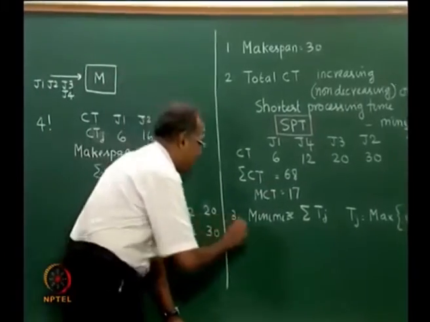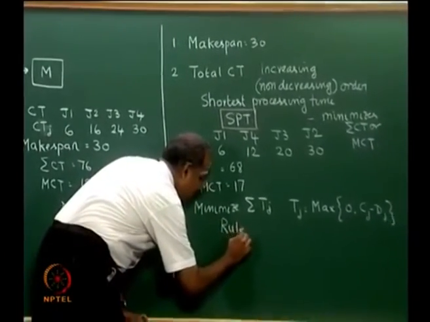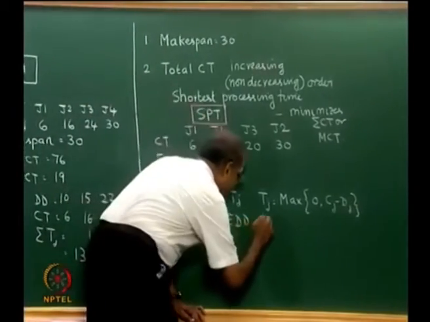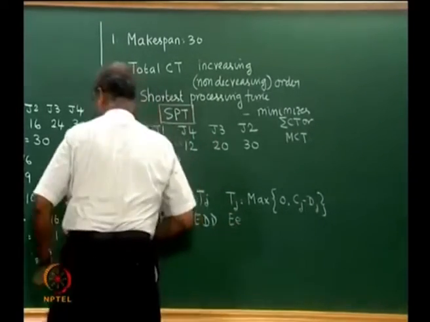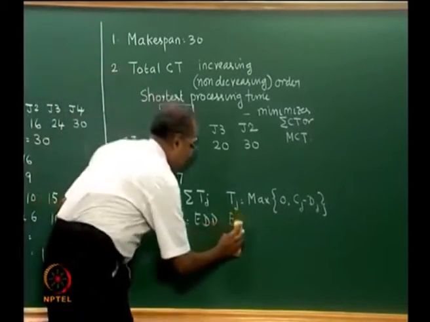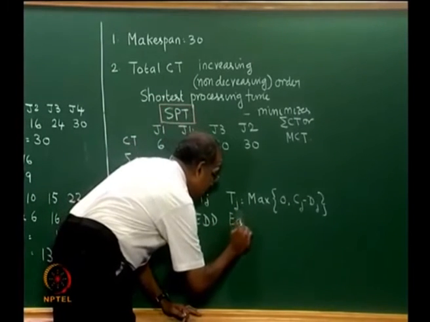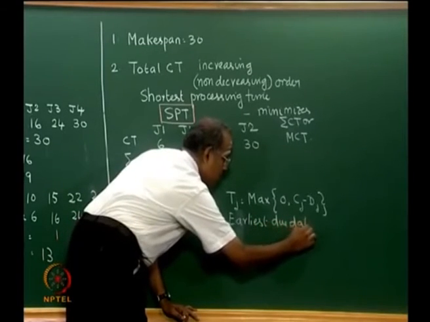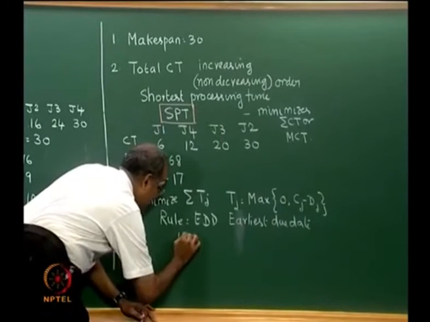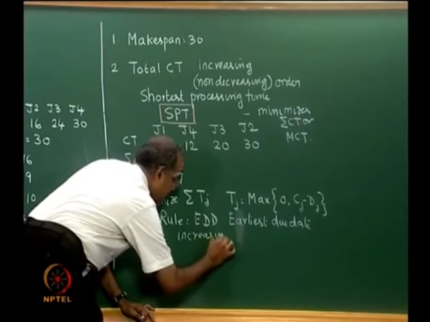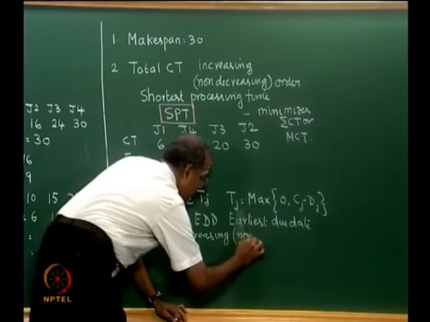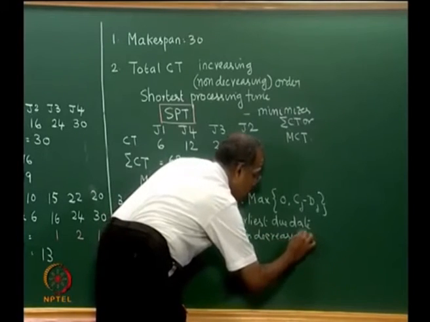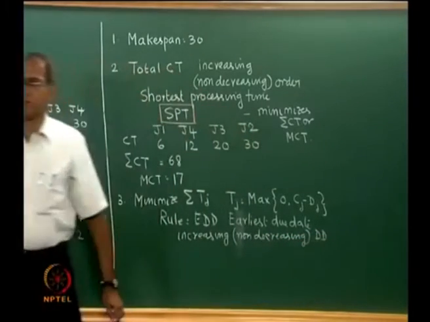The rule that we try to use here is called EDD, or earliest due date, where jobs are arranged in the order of increasing or non-decreasing value of the due date.